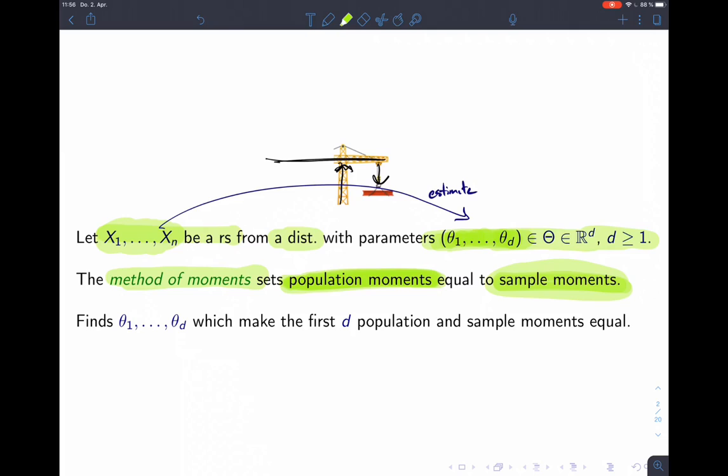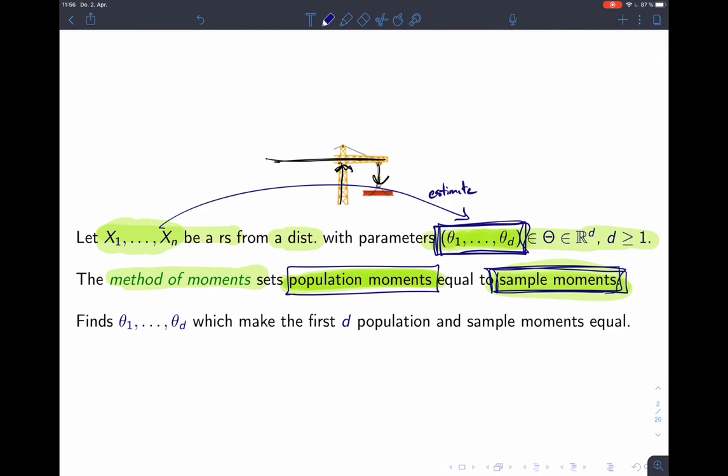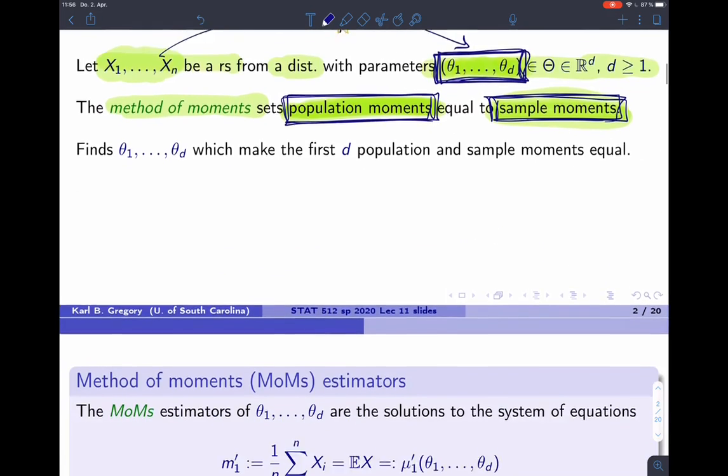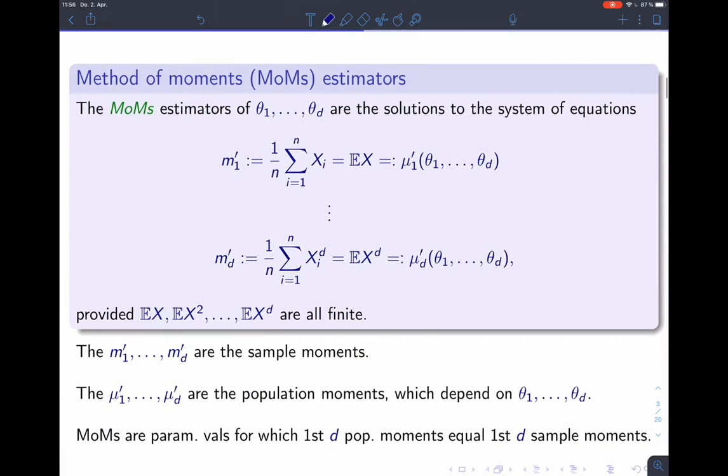And so what we do with the method of moments is basically we ask, what are the values of the parameters under which some of the population moments are equal to the corresponding sample moments? And we set as many of them equal as we need to in order to find estimators for our unknown parameters. Okay, let's flesh that out a little bit.